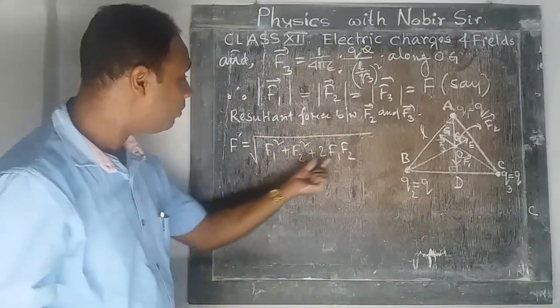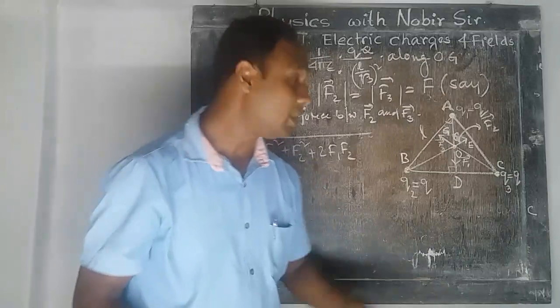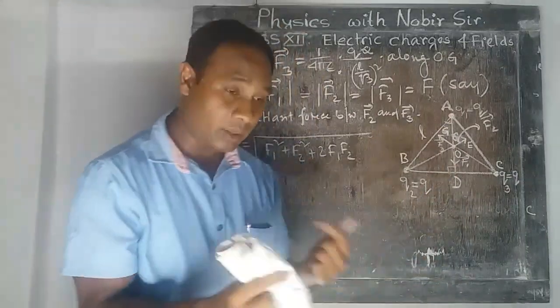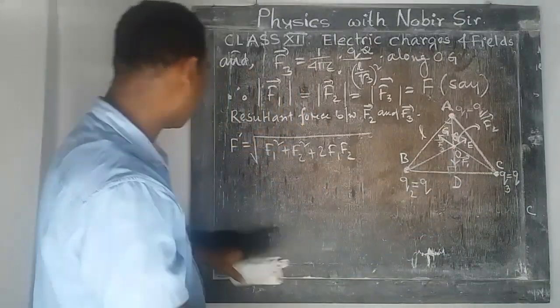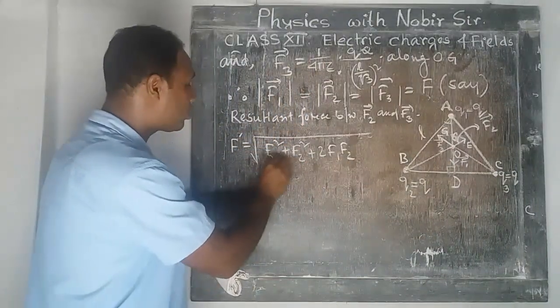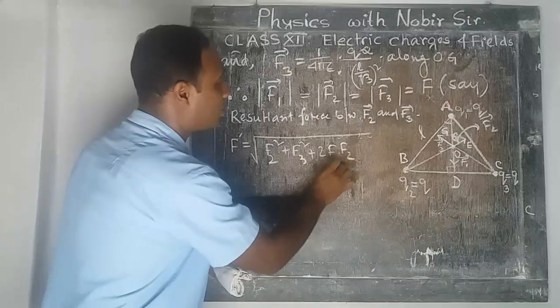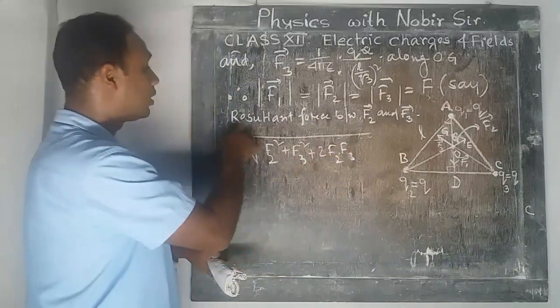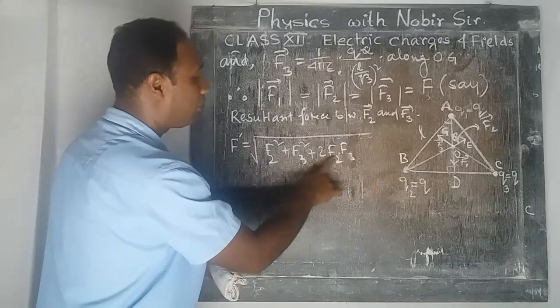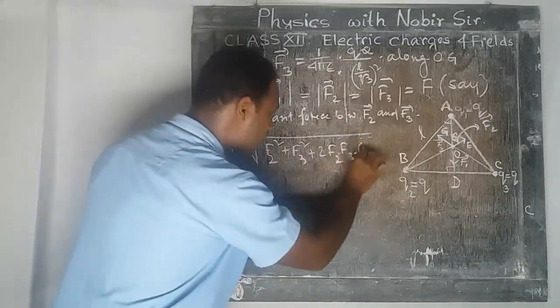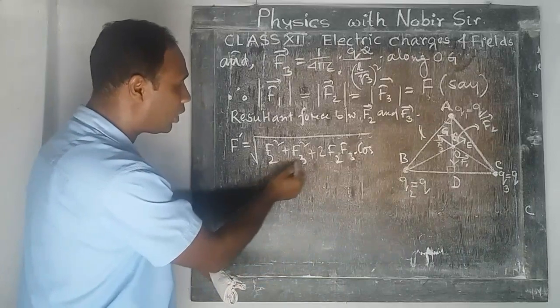Now what is the angle between F1 and F2? You have to use the diagram to find the angle. Now this is not F1, I'm sorry, this is F2 square and F3 square. So it is F2 and F3. The resultant between F2 and F3 is F2 square plus F3 square plus 2 F2 F3 into cos the angle between F2 and F3.